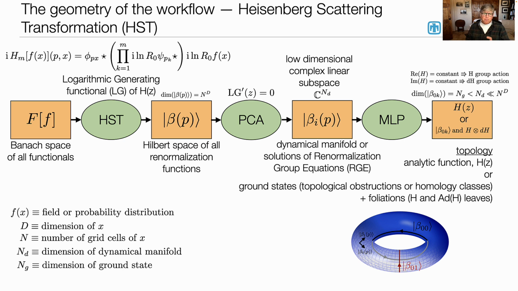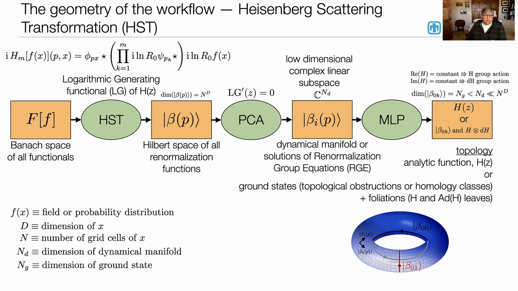Okay, now I'm going to spend a bit of time on this slide to really talk about what's going on here and why this worked so well, first of all by introducing you to the fully generalized and proper way to write this down in terms of the Heisenberg scattering transformation, or the generalization for this.